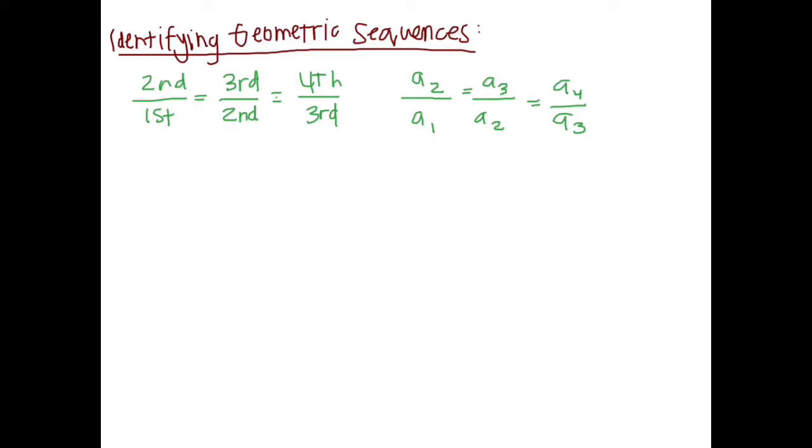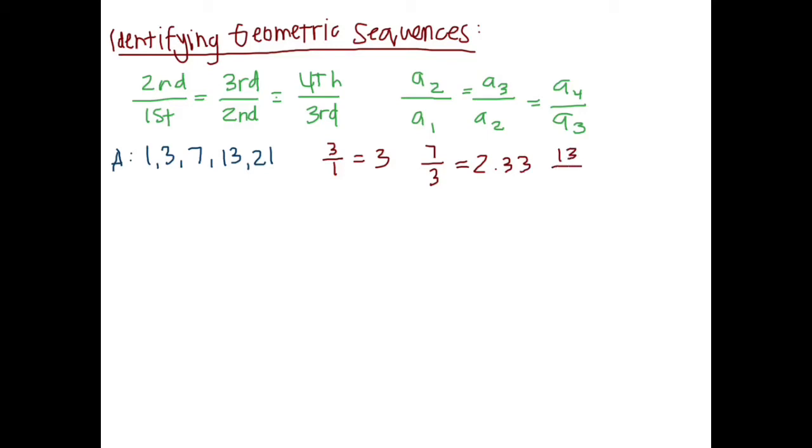Let's look at 4 different sequences and decide whether or not they have a common ratio, whether or not they are geometric. The first sequence we're going to look at is 1, 3, 7, 13, 21. I do the second term, which is 3, divided by the first term, which is 1, and that equals 3. Now let's look at the third term, which is 7, divided by the second term, which was 3. 7 divided by 3 is 2.33.